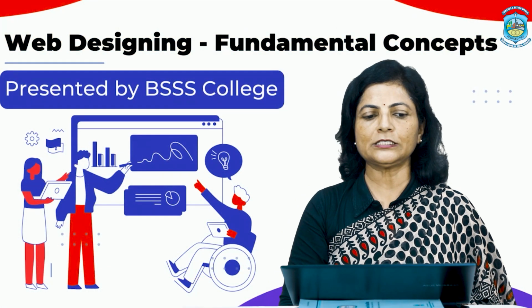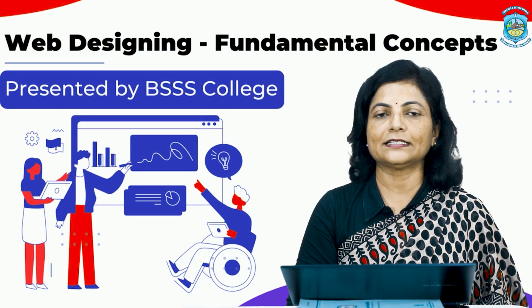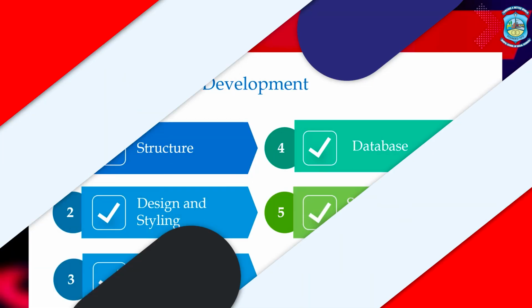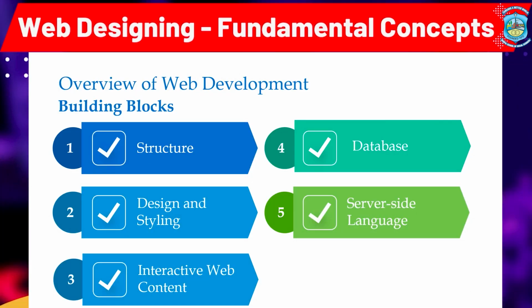Moving on to the first part of this module, that is building blocks of web development. As you can see that there are 5 building blocks to develop a website. The very first one is structure. This is the stage where structure can be defined of the website. The second is design and styling.